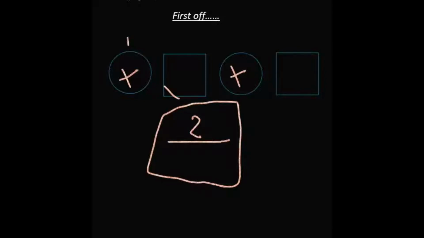So 1, 2, 3, and 4. So it's 2/4. So 2/4 of this is or are circles. So we have 2/4.